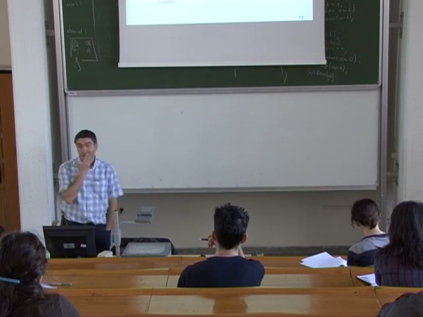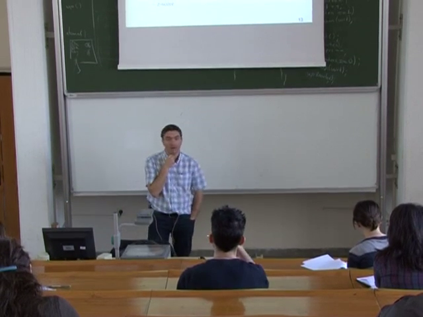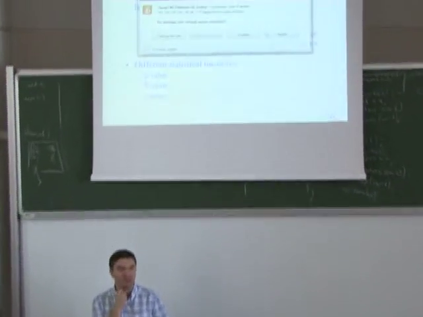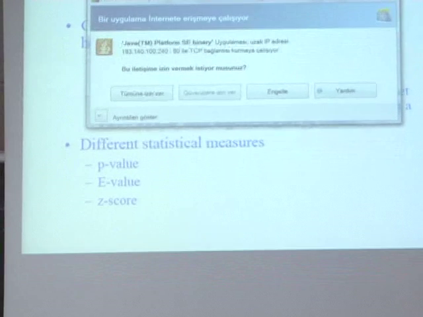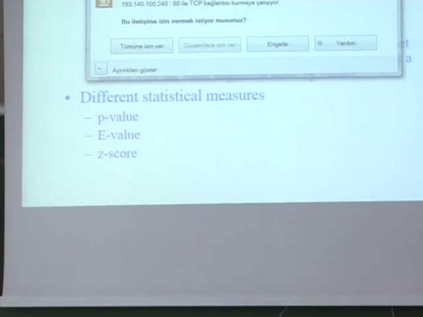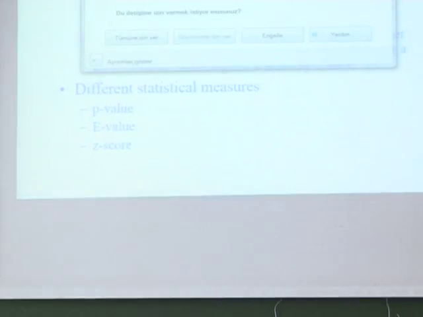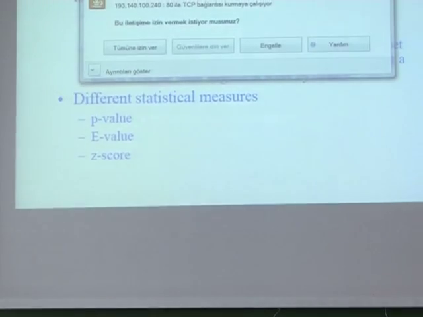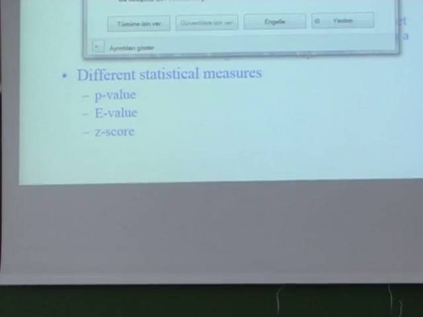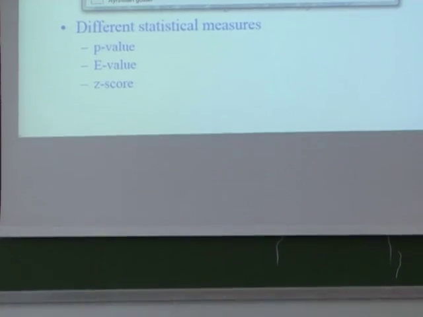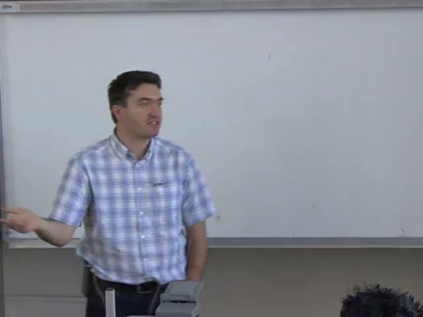And z-score is the number of standard deviations you are above or below the mean of the population. So how much this score is different than the average score. And when we talk about average score here, it's the average score between unrelated sequences. If I just randomly align all the sequences in the database and I get alignment scores, that gives me a measure of what an alignment score is on average between completely unrelated sequences.